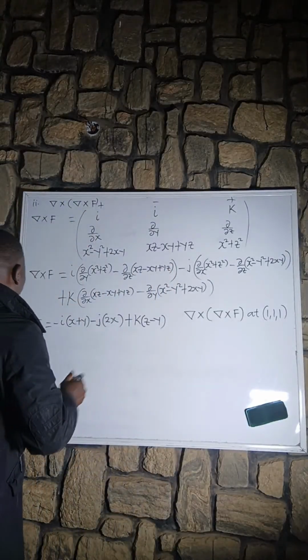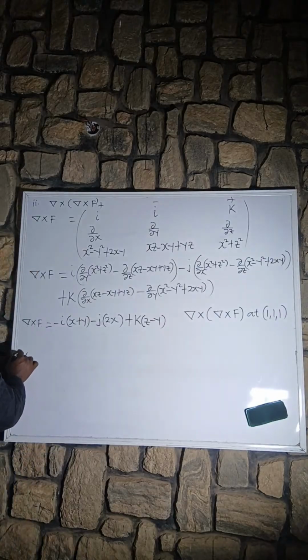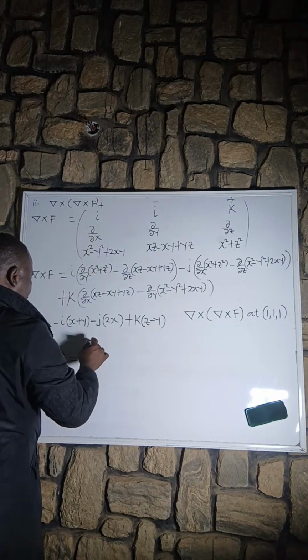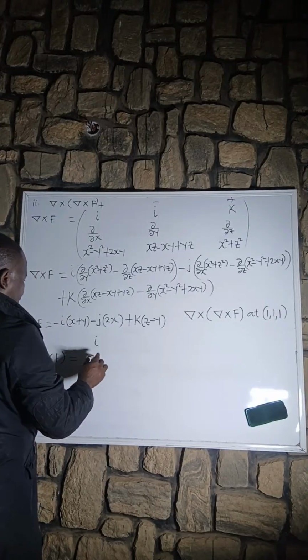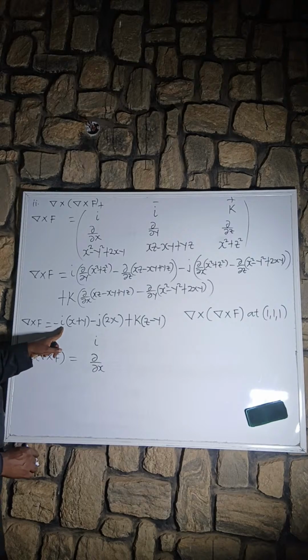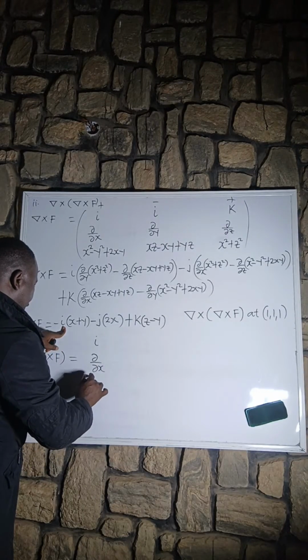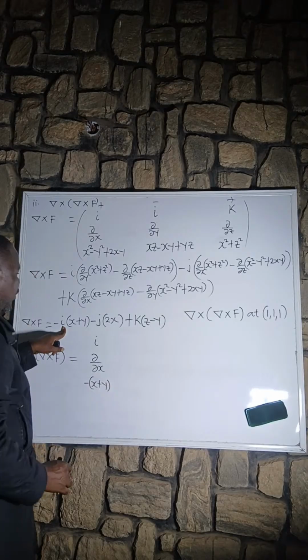So now we are going to take this curl cross, open bracket, curl of the vector function, now be equal to the same thing. I: partial all over partial x. Then our I component here is minus open bracket x plus y.